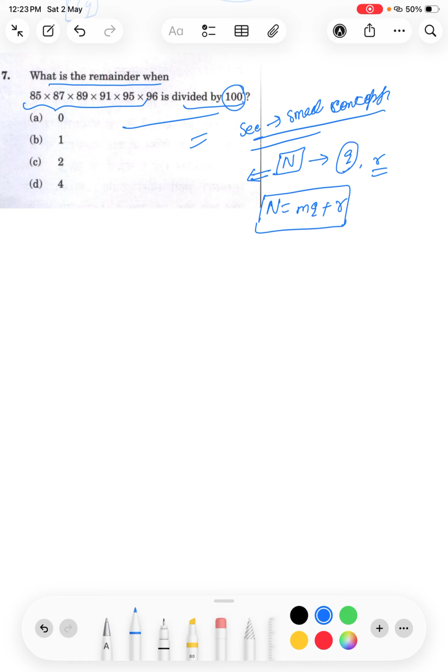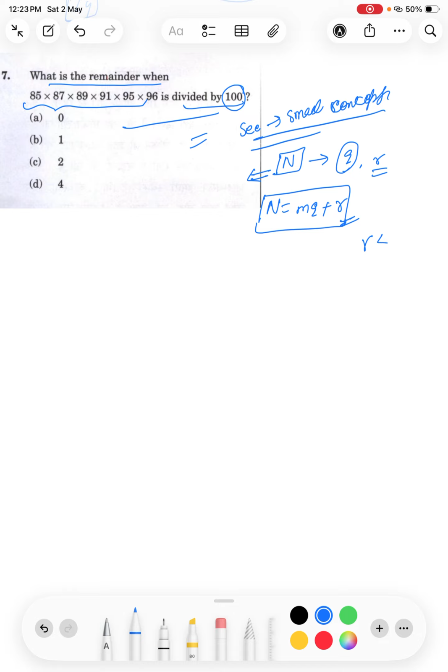Any number which is being divided by a number Q, and you are left with a remainder R, then that number can be written in this form, right?